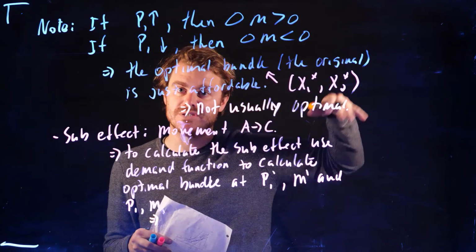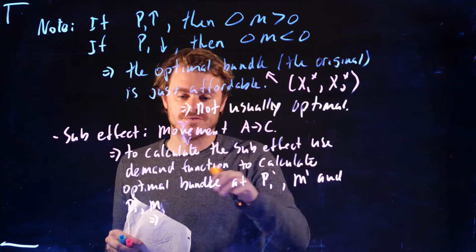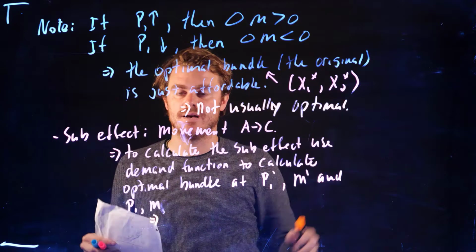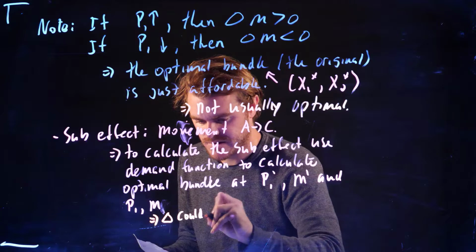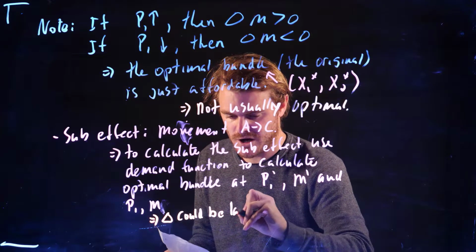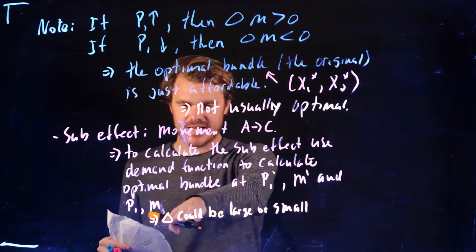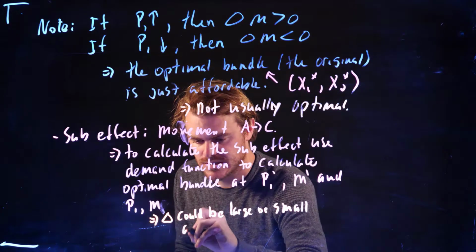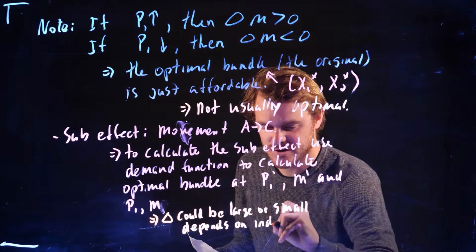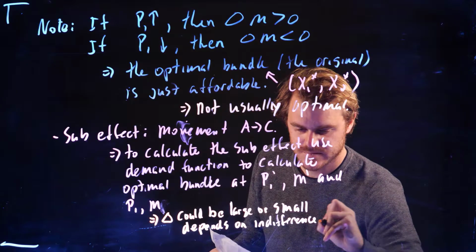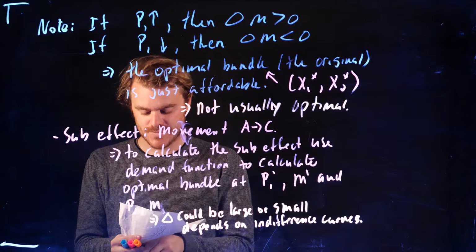Preferences are represented by these indifference curves. And different shapes of indifference curves are going to lead to different sizes of this substitution effect. So whether it's large or small depends on indifference curves, which of course depend on preferences.